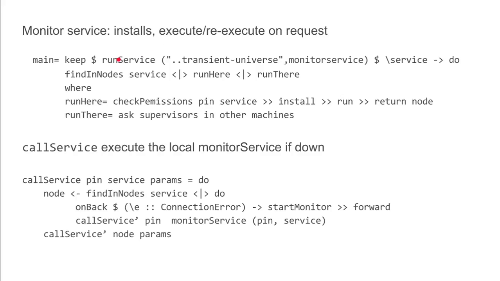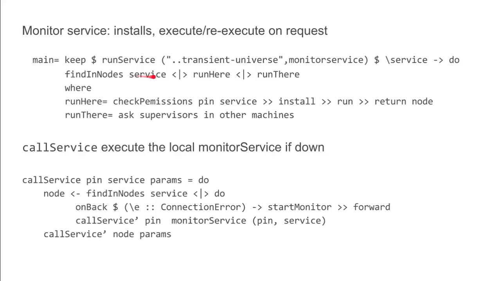It is executed like this. Run service establishes that this service is available to the network, and it receives as a parameter in each invocation a service name. What the service does first is to find in its list of nodes for this service.